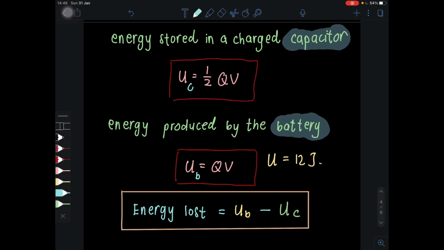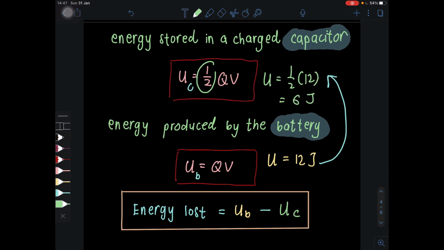So this capacitor only store the energy, okay, only store half of the energy, because 1 over 2 dekat sini kan. So meaning that U is equal to 1 over 2 times 12 joule, which is 6 joule only. Okay, so okay, we are going to use this formula here for energy loss.